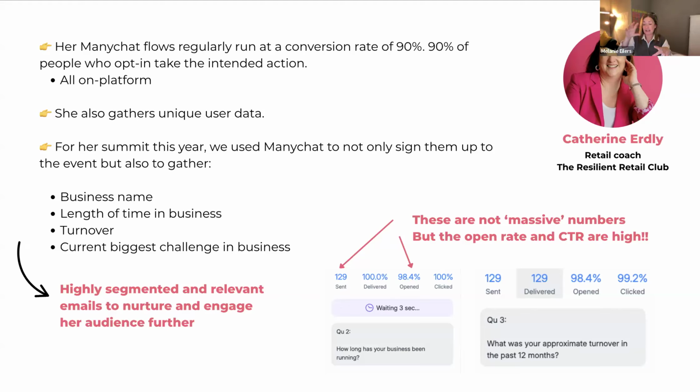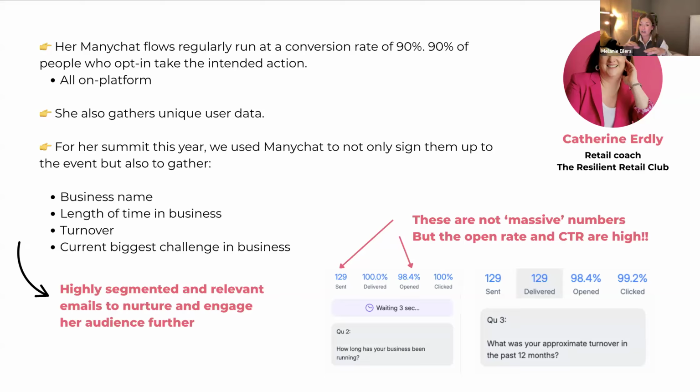That information was sent over to her CRM, which is also ActiveCampaign. From the moment they hit that CRM, she could send them highly segmented and relevant emails to nurture and engage her audience further, because she has different products and services available depending on the turnover of the people in her audience. So by gathering that information, that was super powerful for her.